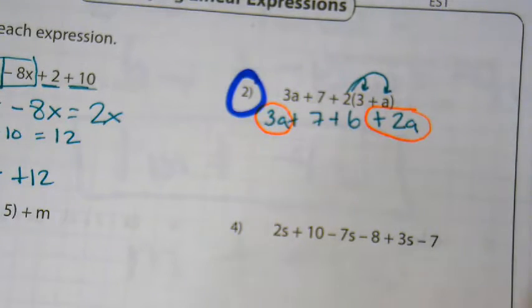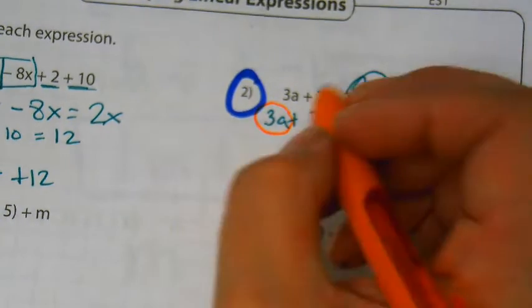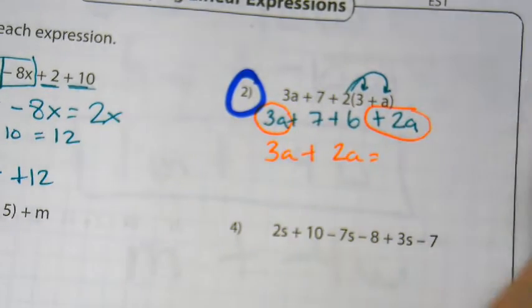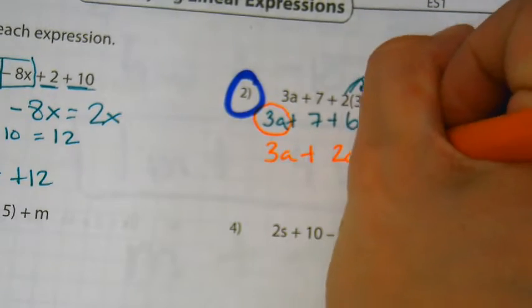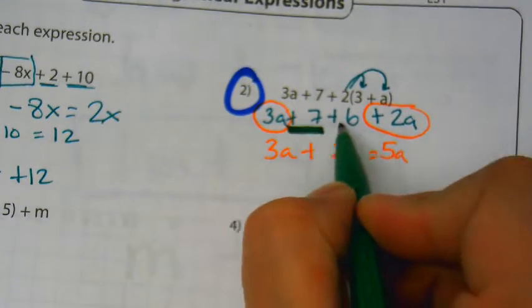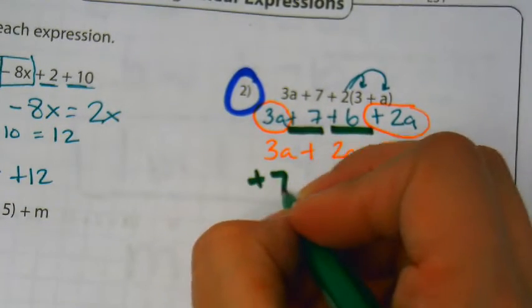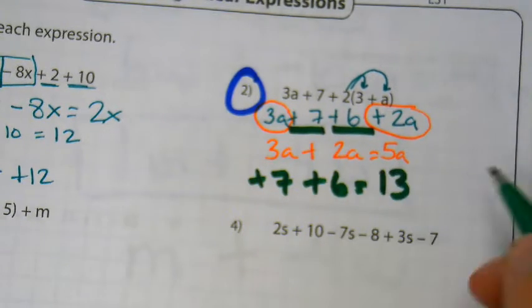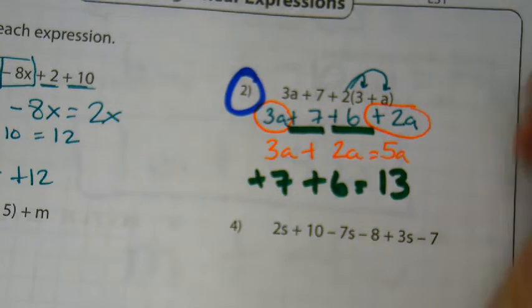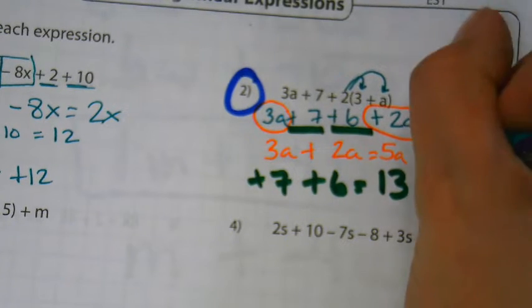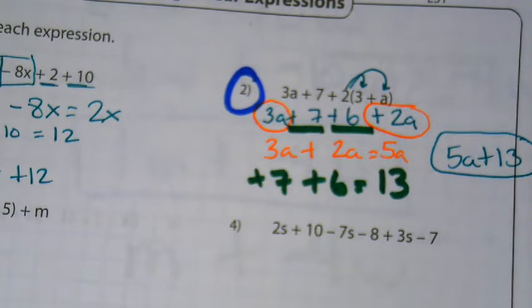The plus sign's in front of it. 3A plus 2A is equal to 5A, that's quintuple batteries. And then I have plus 7 and plus 6. Plus 7 and plus 6 is equal to 13. So what is my final answer? 5A plus 13. Yeah, the latest battery model.